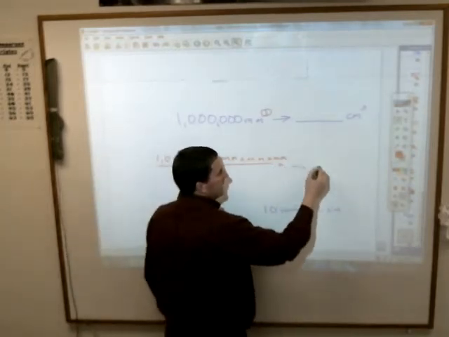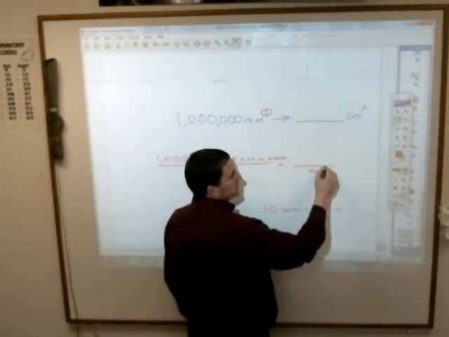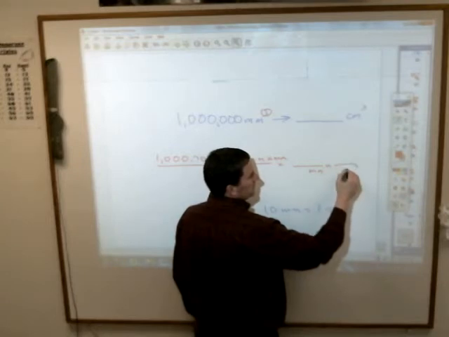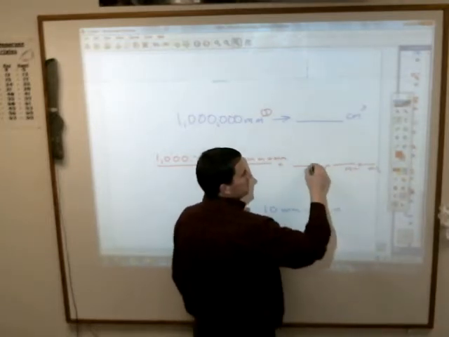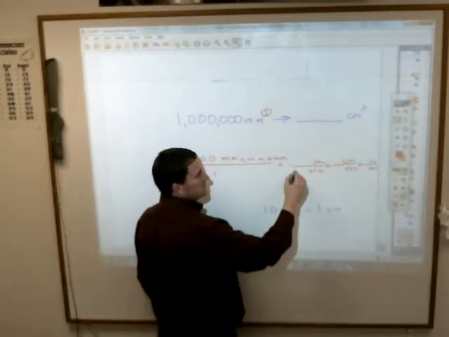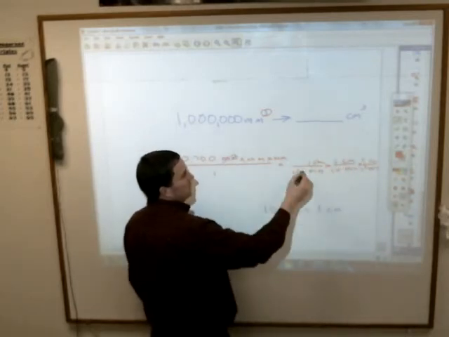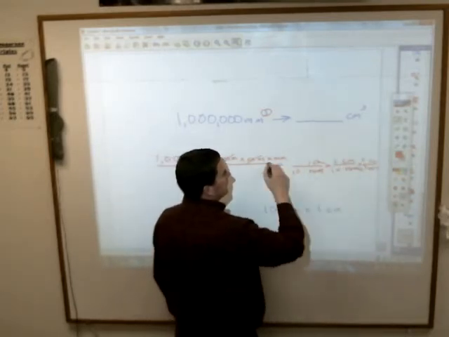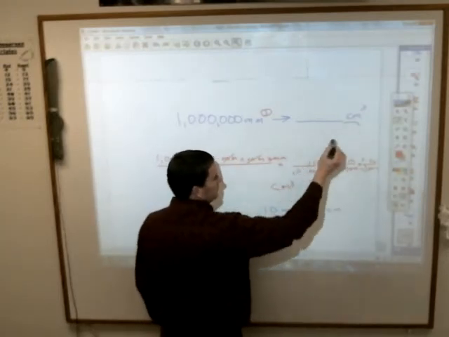And you need a unit multipliers to cross off with each of these millimeter labels. And on top is centimeters, centimeters, centimeters. There's 10 millimeters for every centimeter. So that makes all the millimeter labels cross off. You're left with centimeters cubed, which is what you want on top, that's what I asked you for.